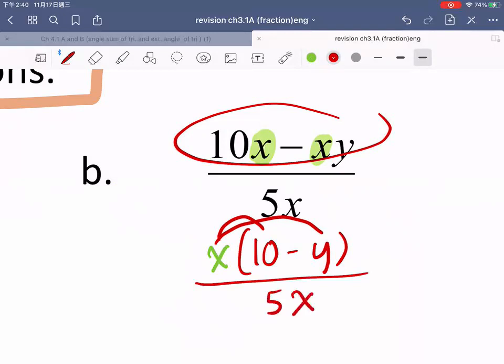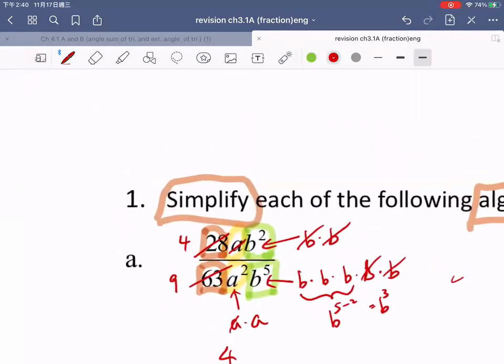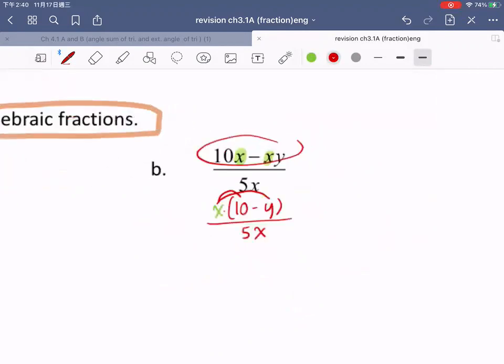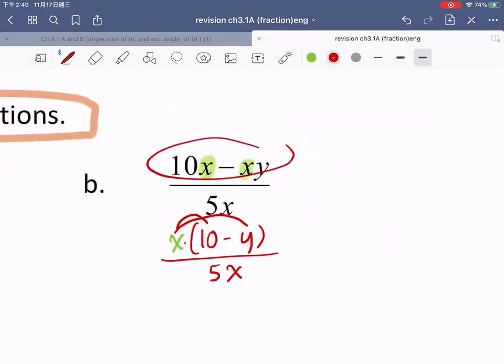Right. So x can cross out now because you can think of dividing both the numerator and denominator by x. Cross out x, like crossing out into 1.